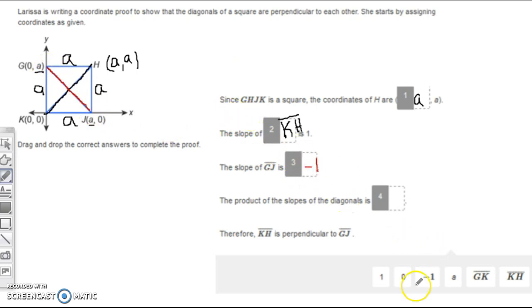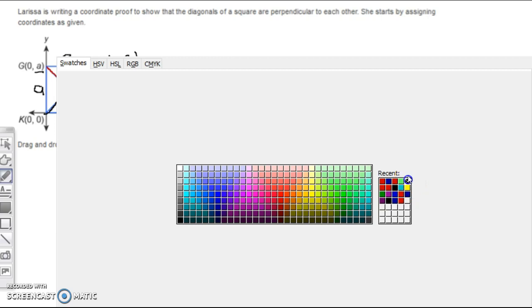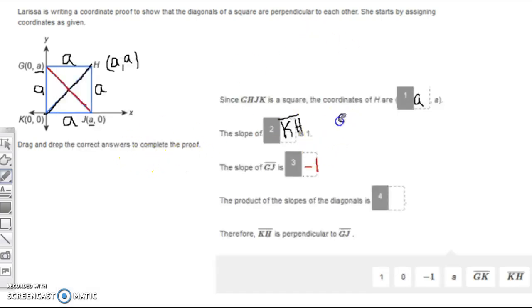And I guess I should have actually shown you guys the slope formula. Remember, slope is rise over run. So for this black one, we were rising up A units and we were running over A units. So if you rise A over A, anything over itself is just 1. 3 divided by 3 is 1. 7 divided by 7 is 1. Negative 10 divided by negative 10 is 1. So A divided by A is going to be 1.